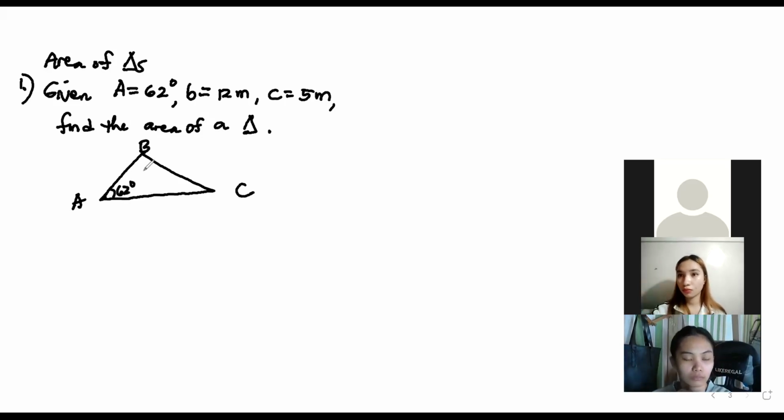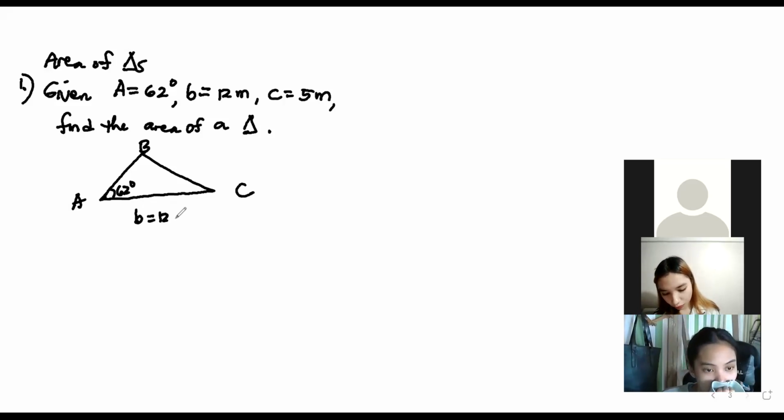B is 12 meters, and C is 5 meters. For us to find the area of a triangle, given sides B and C, we're going to use that to find the area.